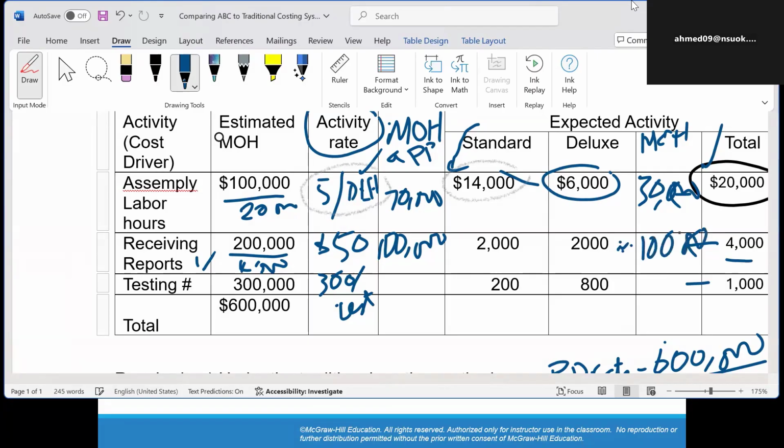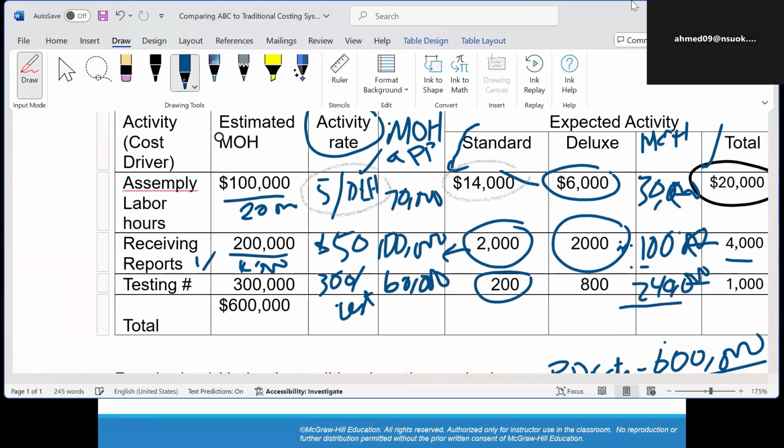Okay, 300 multiplied by 200 gives you 60,000 here. And 800 multiplied by 300 would be 240,000.